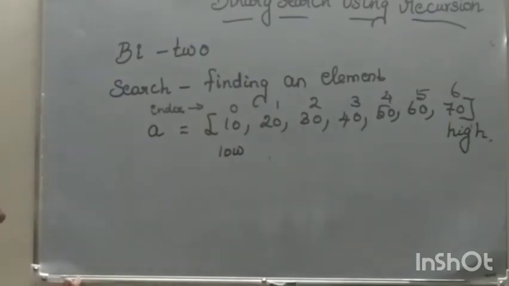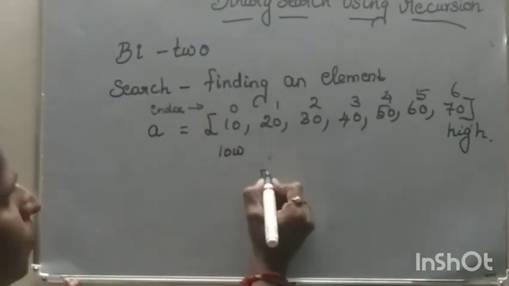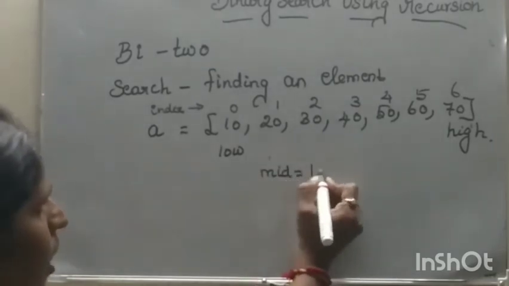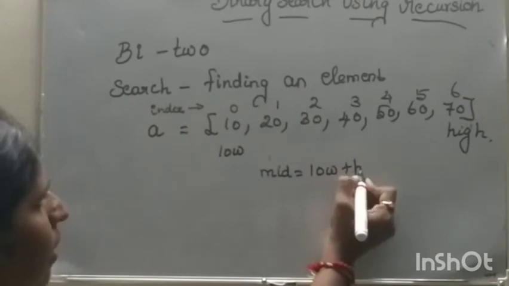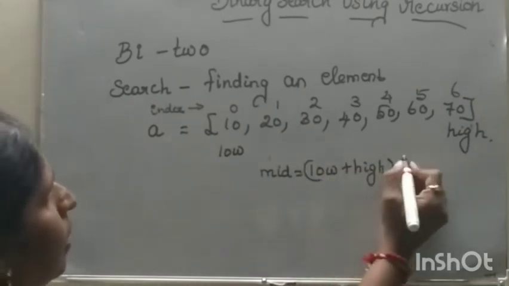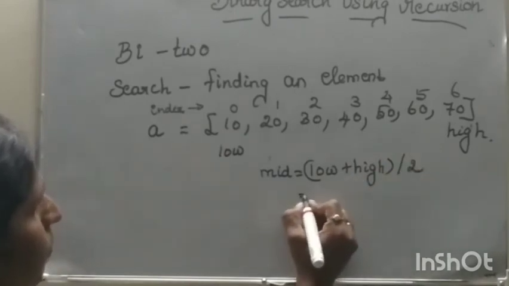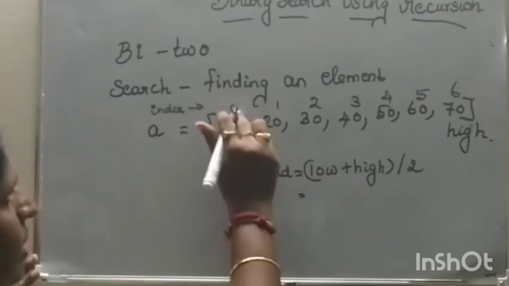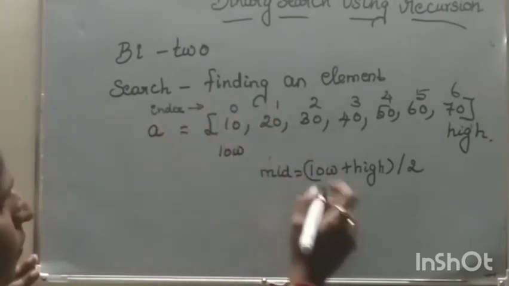See how I am going to perform. First, find out the mid value. We know the formula: low plus high divided by 2. You have to take the index, not the element. The index is in the upper area.